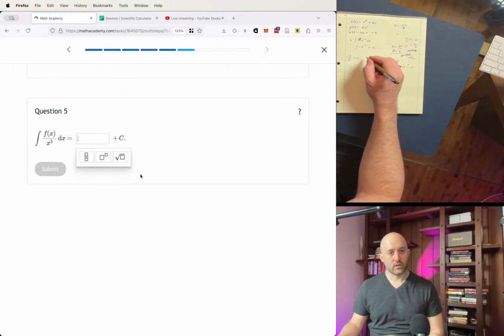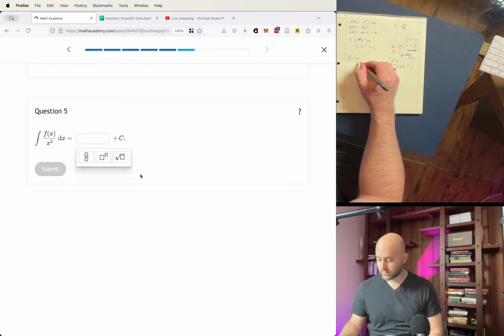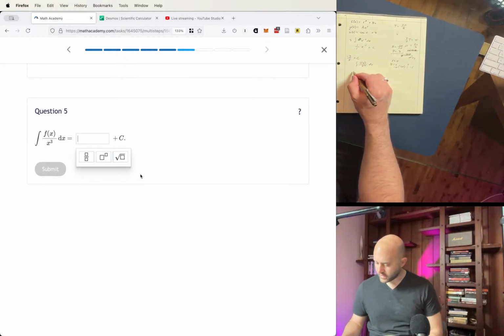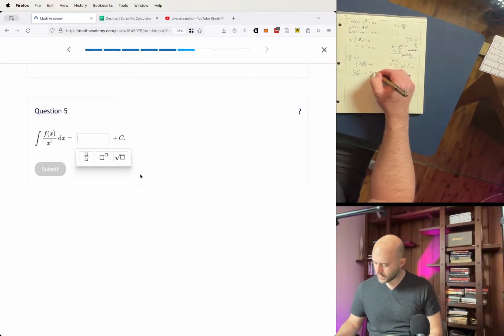We're doing the integral of f of x over x cubed dx. So f of x is x to the a, so x to the a over x cubed, plus b times x over x cubed.